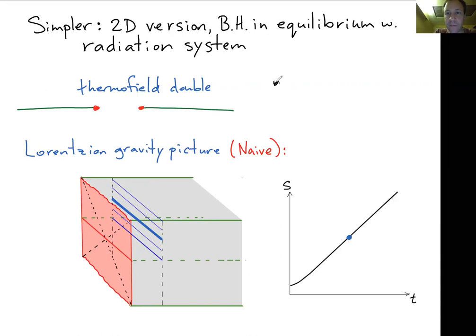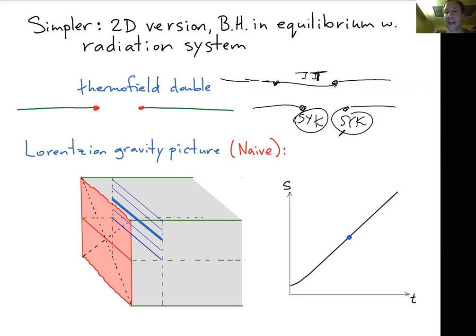Yeah, so the original picture was just, okay, we have a 2D gravity, something like JT gravity, and then some auxiliary system. It wasn't discussed very much, but you can imagine that it comes from some SYK models coupled to an auxiliary system.